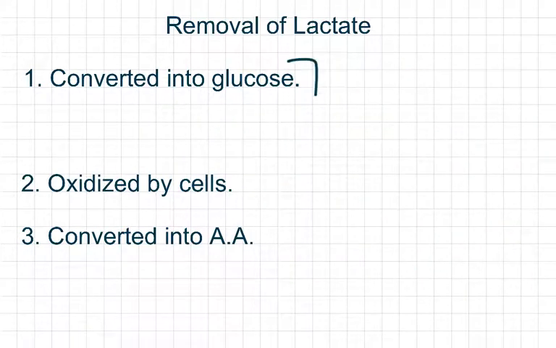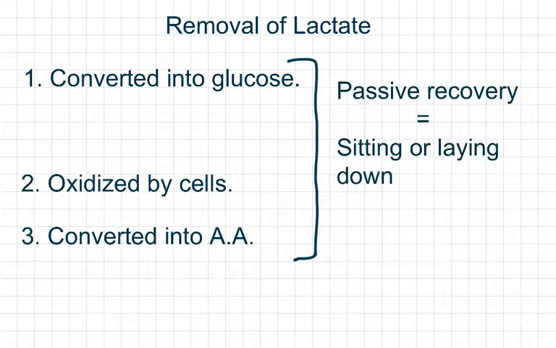Another important concept that recent research is showing us is that lactate can be cleared through passive means. And so what we mean by passive recovery is sitting around or doing nothing immediately after the exercise during the recovery period.